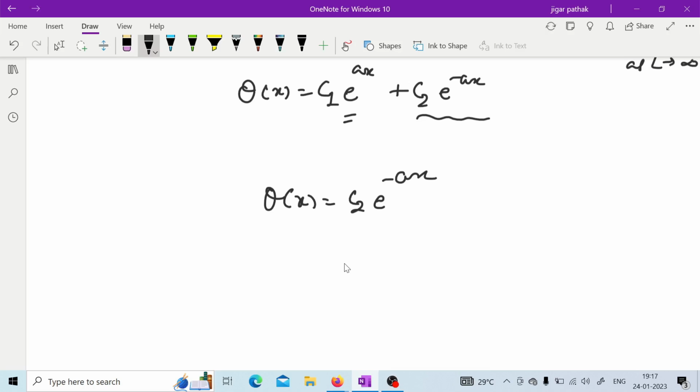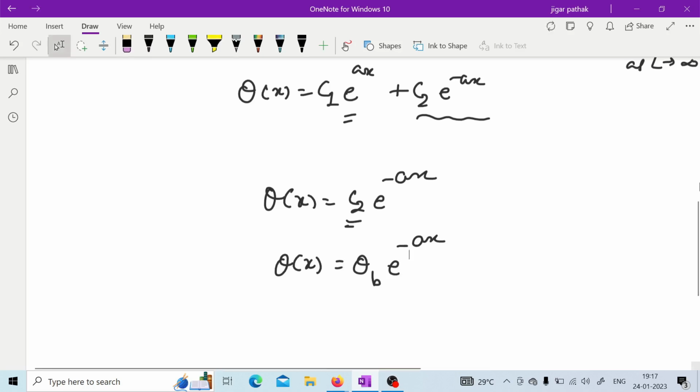As we have already put the boundary condition at x is equal to 0 and found that this constant is theta b, your equation will reduce to theta x is equal to theta b e raised to minus ax.